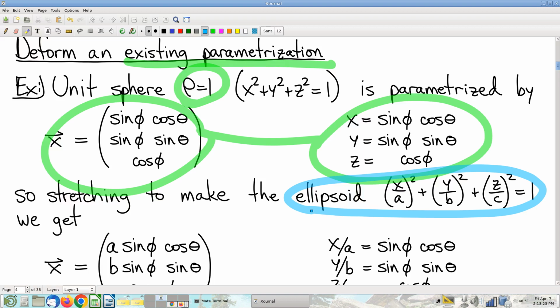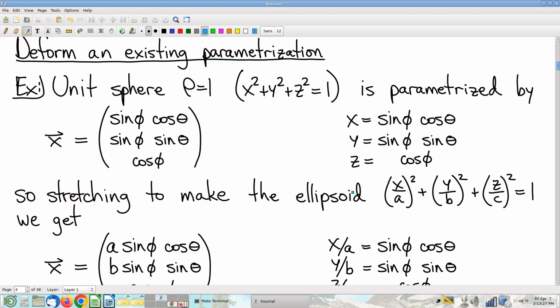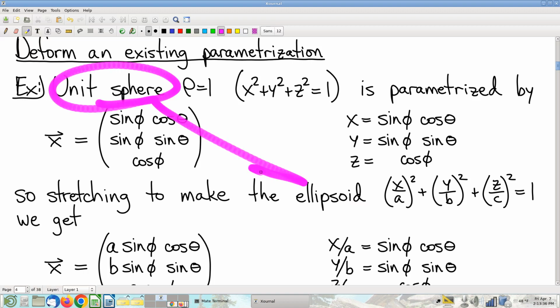Okay. So here's the good news. We know what the corresponding deformation is. The way I deform a sphere into an ellipsoid is just by stretching in the various directions.